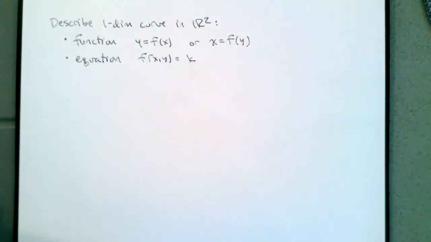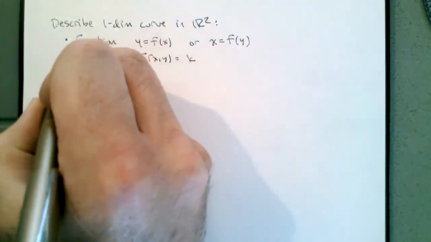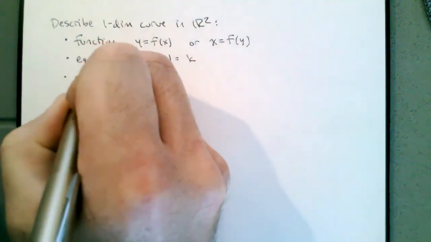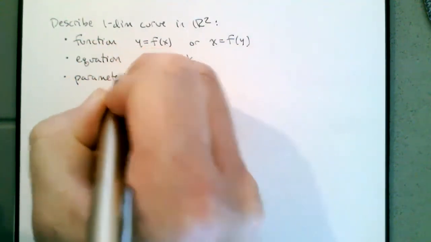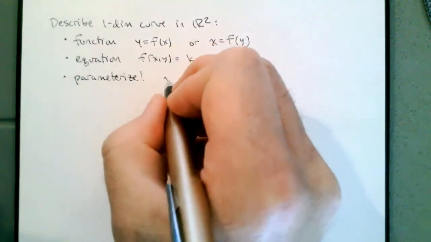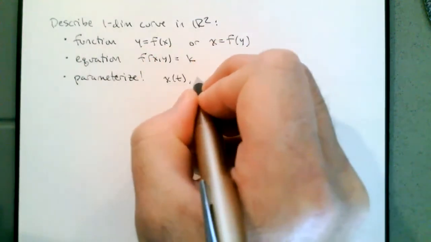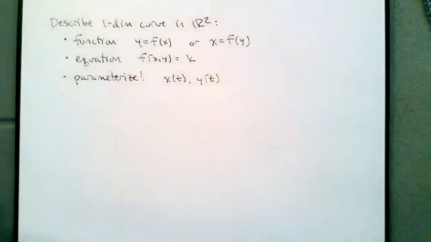We can also describe a one-dimensional curve in R2 by parameterizing things, by describing the x and y coordinates separately as a function of some parameter.